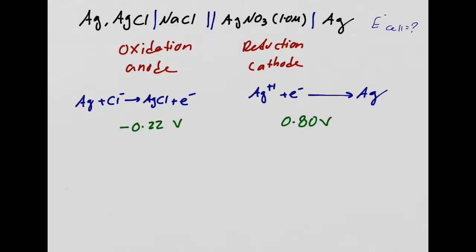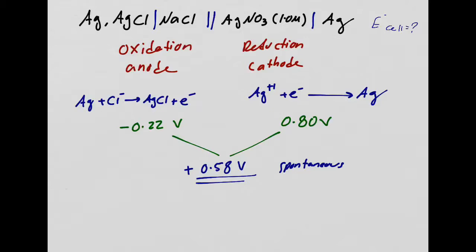Again, this is oxidation, so I have to flip the sign. So if I add these 2 together, 0.8 minus 0.22, I get 0.58 volt, and it is positive. So this reaction will happen. This reaction will be spontaneous, as the way we have it.